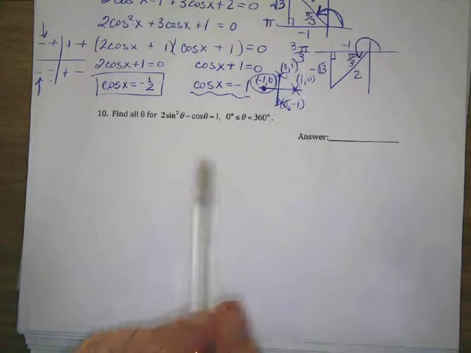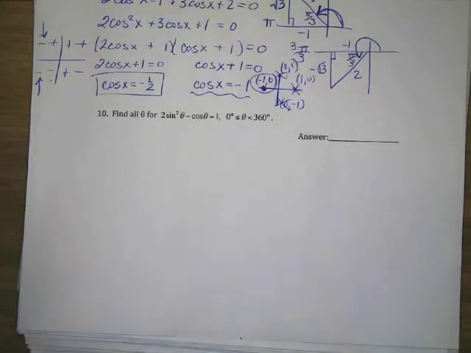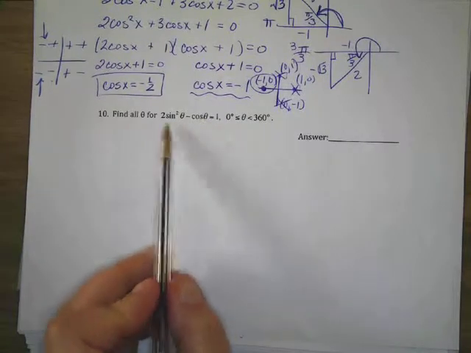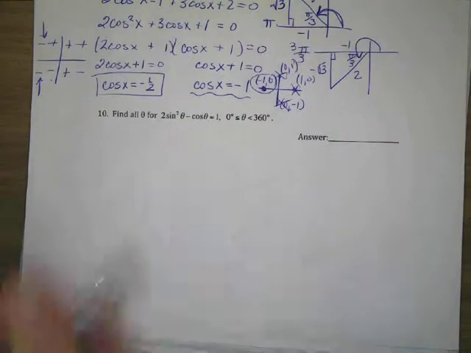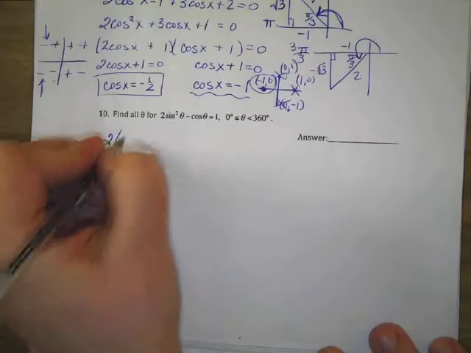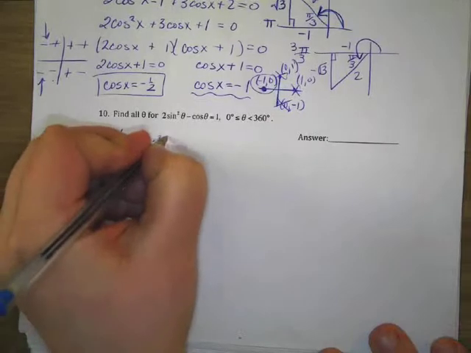We're in an interval. What are we going to do? What's the problem? We have the sine squared and there's just a cosine. Can we change sine squared in terms of cosines? Pythagorean. So instead of a sine squared, it's 1 minus cosine squared.